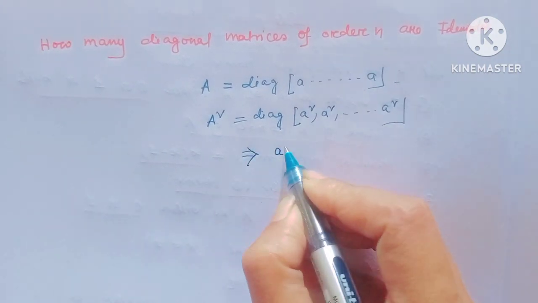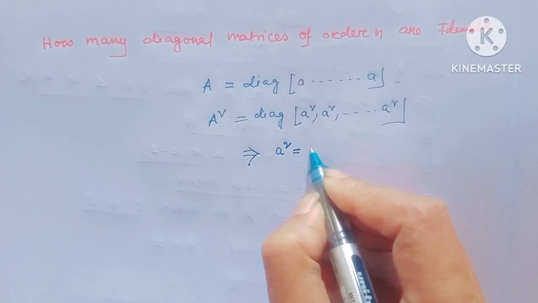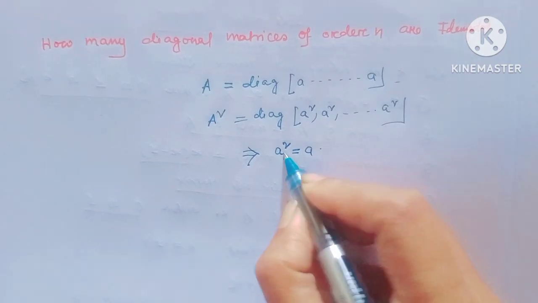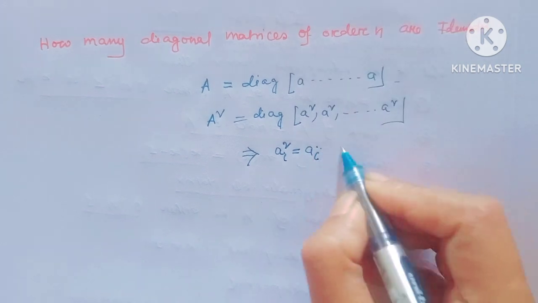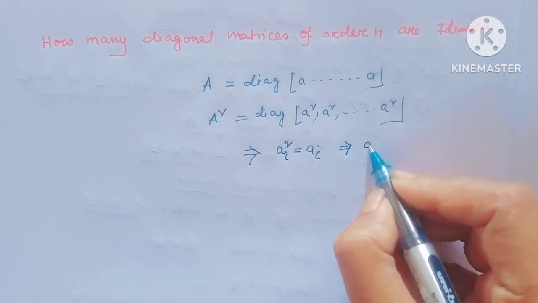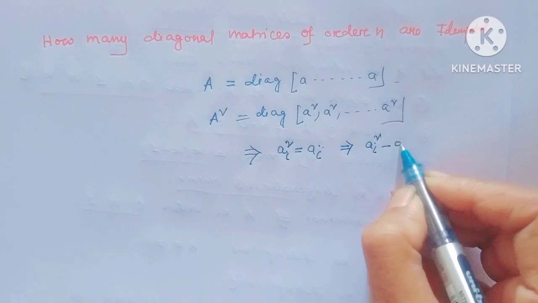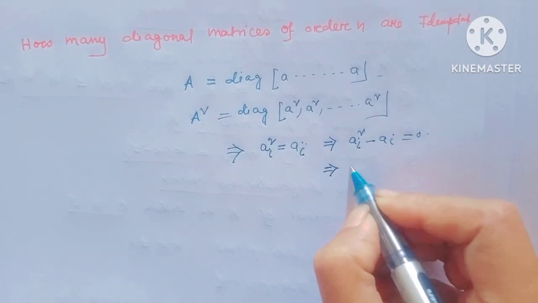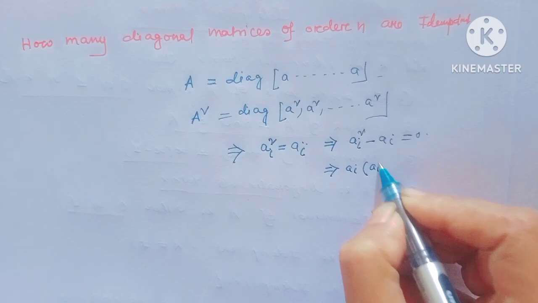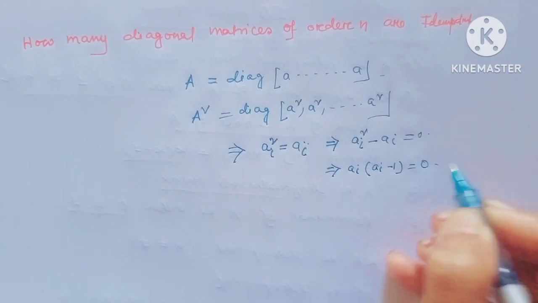Since A is idempotent, a_i square equals a_i, that implies a_i square minus a_i equals 0, that implies a_i times (a_i minus 1) equals 0.